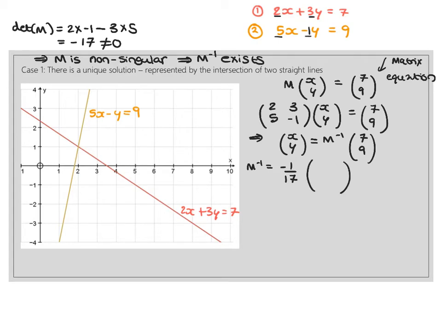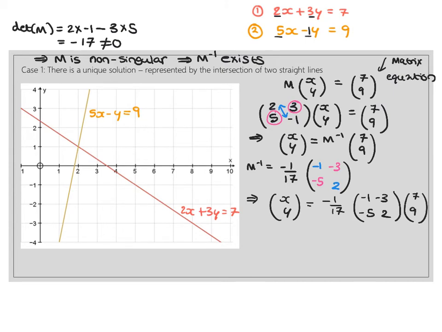Now I need to remember what to do with the components, so swap these over, negative 1 and 2 swapped over like that, and then these two components must change signs, so negative 3 and negative 5. Now I have the inverse, which then tells me xy must be calculated by taking this inverse, there we have it, written out very carefully, and applying it to 7, 9.